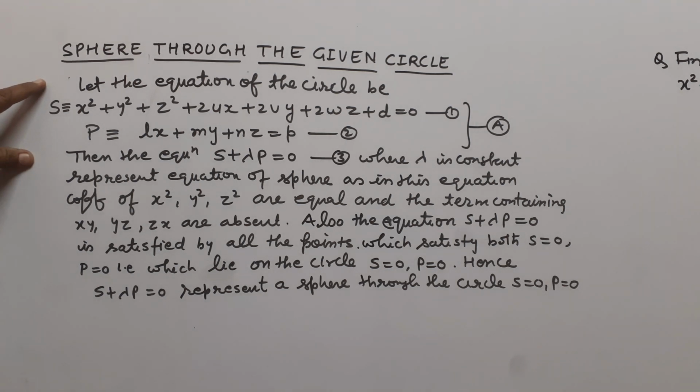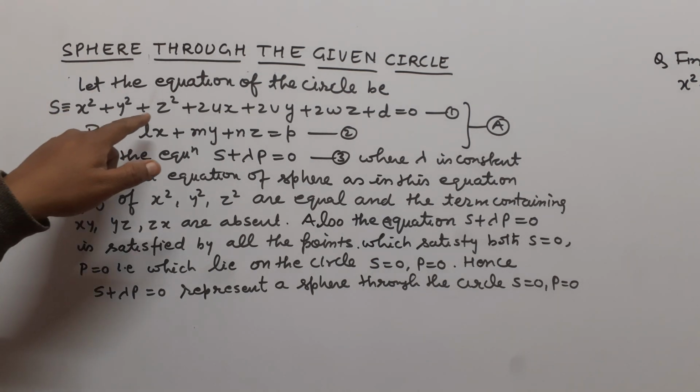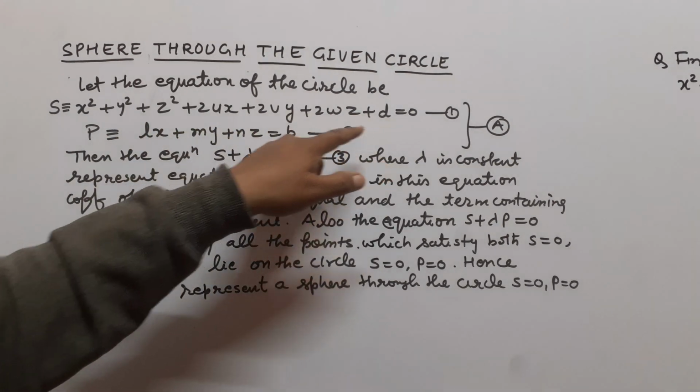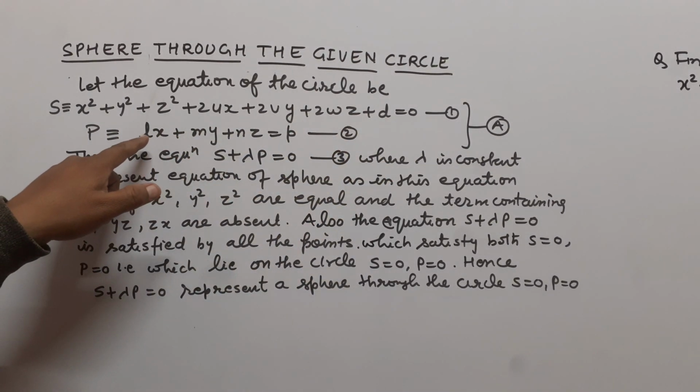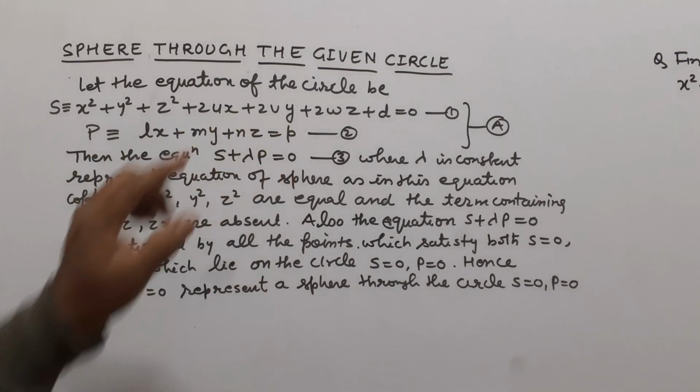We know that if we take two equations, one the equation of a sphere and the second the equation of a plane, together, they represent the equation of a circle. So here first we take the equation of the sphere x square plus y square plus z square plus 2ux plus 2vy plus 2wz plus d is equal to 0, and the equation of the plane is lx plus my plus nz is equal to p.